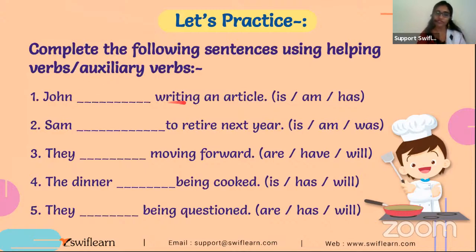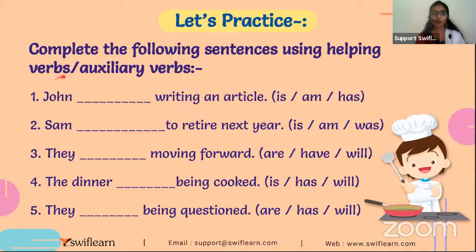John dash writing an article. John is a singular person, right? So we can say John is writing an article. Sam dash to return next year. Sam is a singular person. What we have seen is that we can also use this in the future.